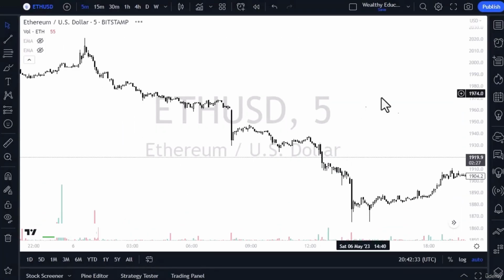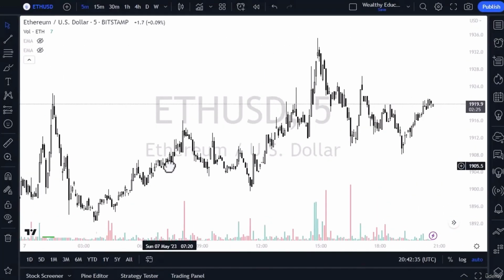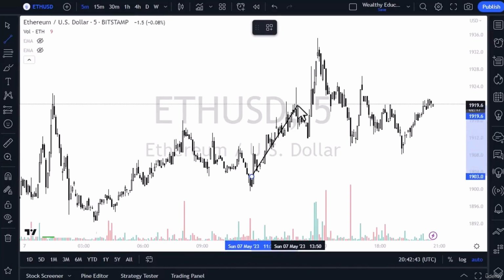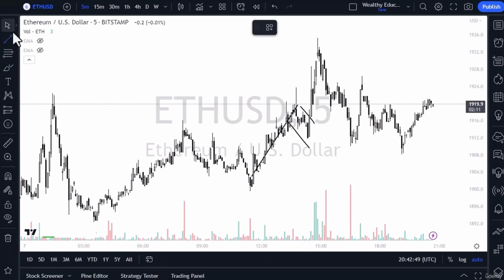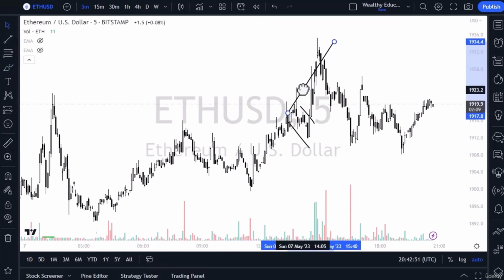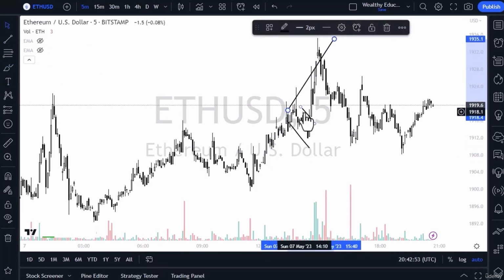So with Ethereum, you can see that this was a little messy, but you can definitely see that there was something going on there. Whether or not it was doable remains to be seen. But you can make an argument that we basically hit the target.